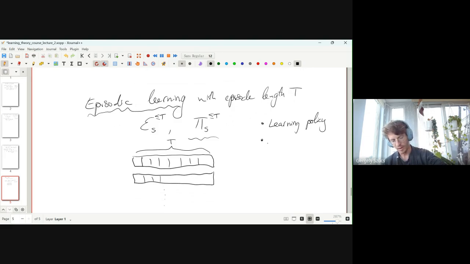So the learning policy looks at what happened in the previous episodes, and based on that, comes up with a new policy for the new episode. And then Koshin was asking, so this ends up being a finite time learned policy that the learning algorithm outputs, which operates on the episode itself.